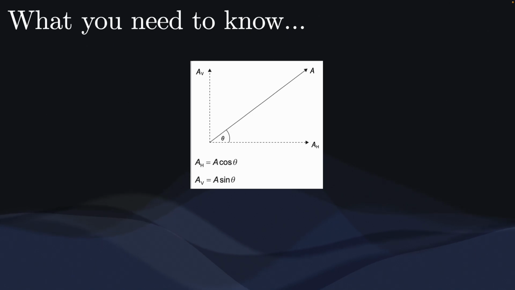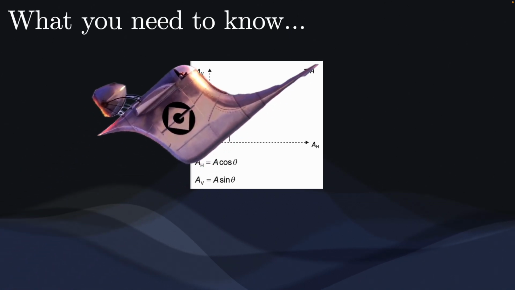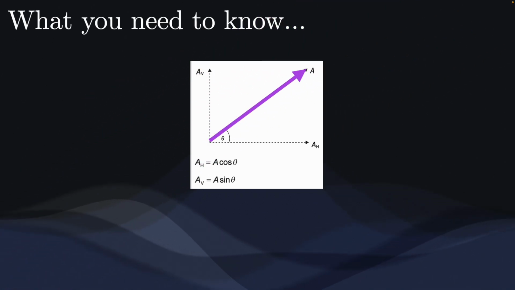And how does this help you with vectors? Well, I'm going to refer to an example to describe this, which is this spaceship moving. Now, the length of the arrow, remember, we called it the magnitude.